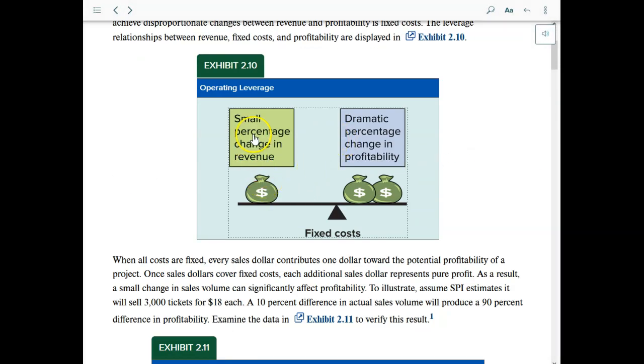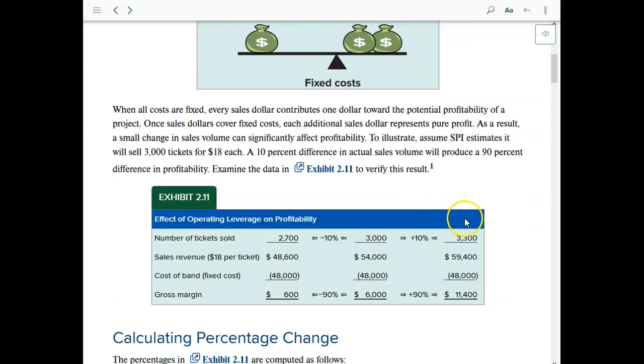We'll chart here. So if we have a small percentage change in revenue and we are highly leveraged, operating leverage wise, we're going to have a dramatic percentage change in profitability. Let's see how this works. Let's go back to the ticket venue again. Let's say we're going to sell tickets for $18 per ticket. Let's look at the middle one first.